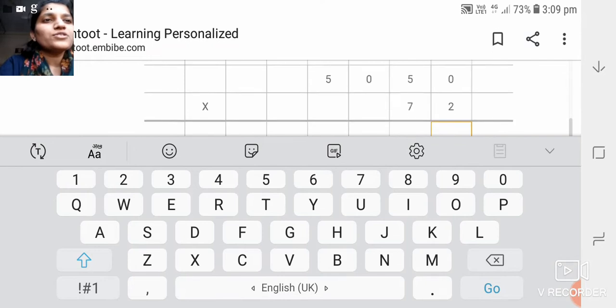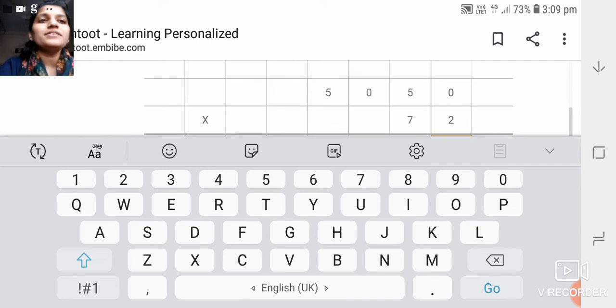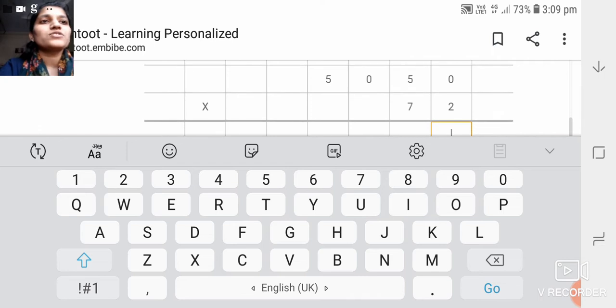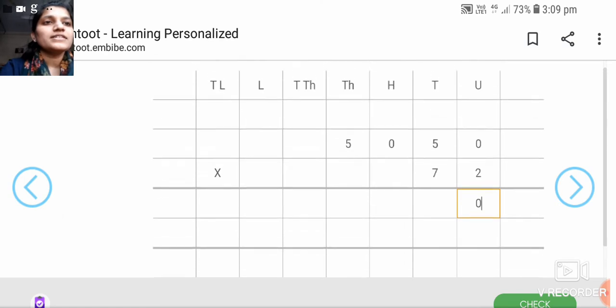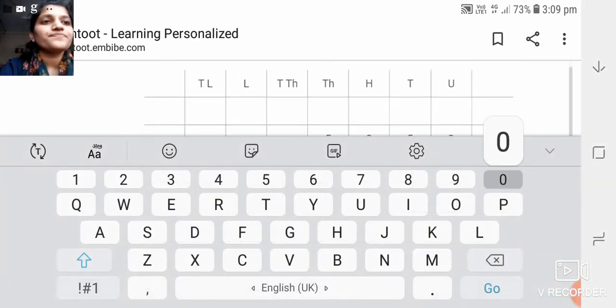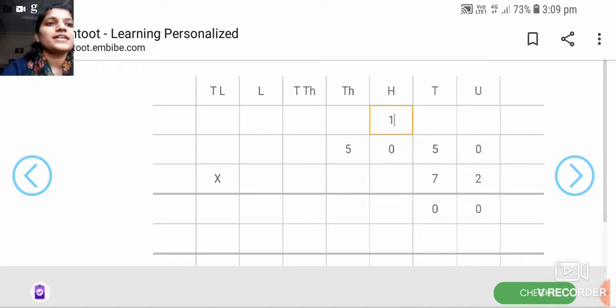First of all we are going to multiply 2 by the whole number 5050, and then 7 by 5050. So first, 2 into 0 is 0, as we know that when we multiply any number by 0 we get 0. Then 2 into 5, 2 5s are 10, so we write 0 here and carry over 1 to the hundreds column.